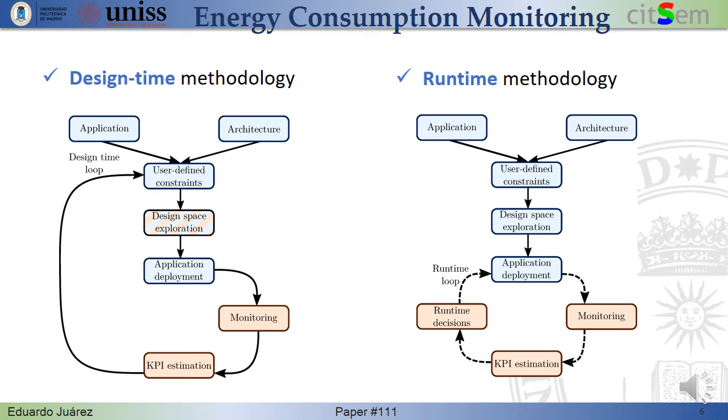Second, KPI estimation. Timing and energy consumption are included within the characterization SPiDER has of the application and architecture being employed. Third, energy-aware decision-making. The SPiDER runtime decisions block has been modified to test different system configurations in each iteration. Fourth, application deployment. The standard SPiDER algorithm to generate the deployment has been employed.